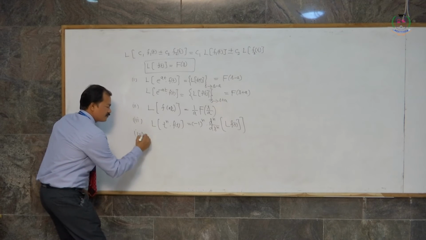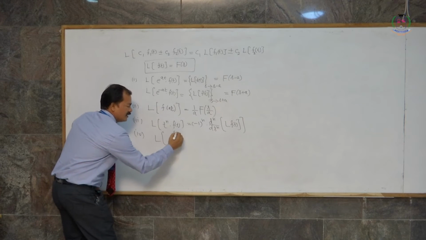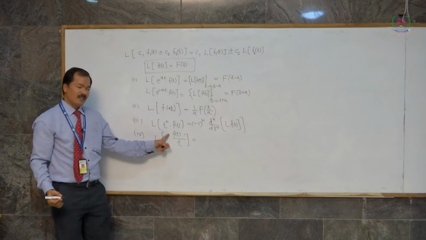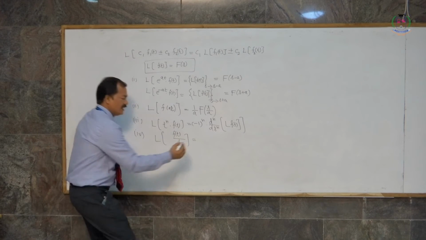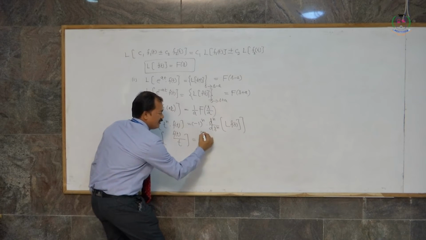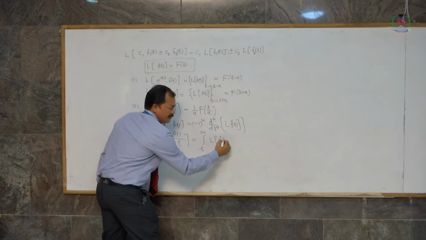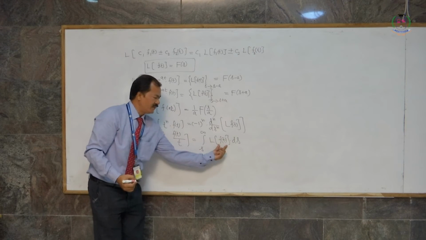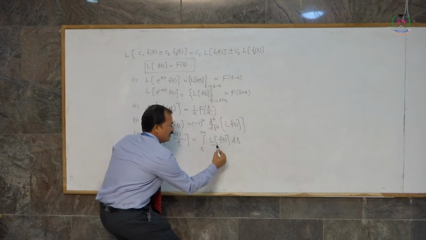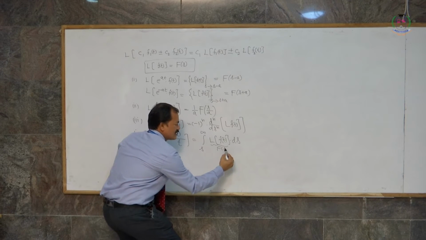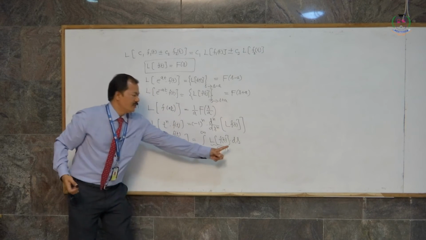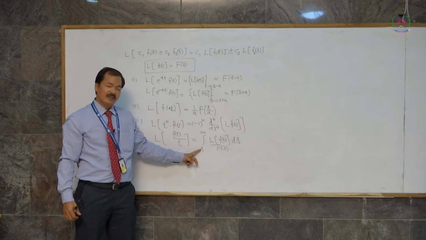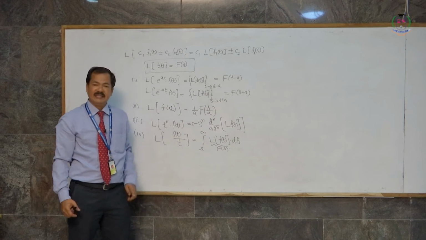The fourth one, Laplace transform of f of t upon t, is equal to the integral from s to infinity of L of f of t into ds. What is this L of f of t? It can also be replaced by capital F of s into ds. So, you have to integrate with respect to the parameter s, the lower limit is the variable parameter s and the upper limit is infinity.